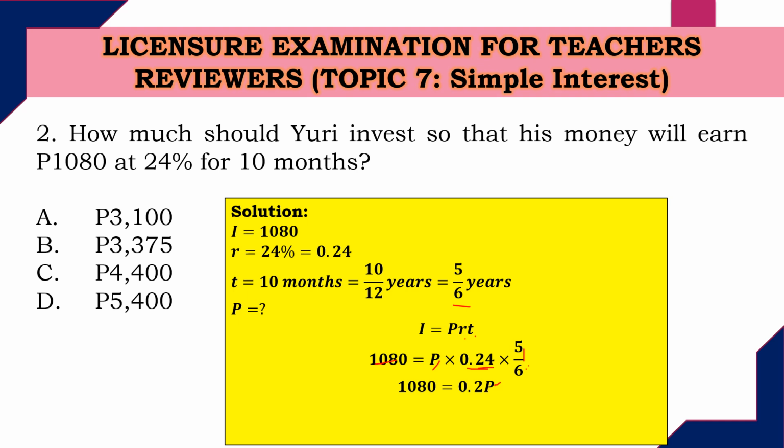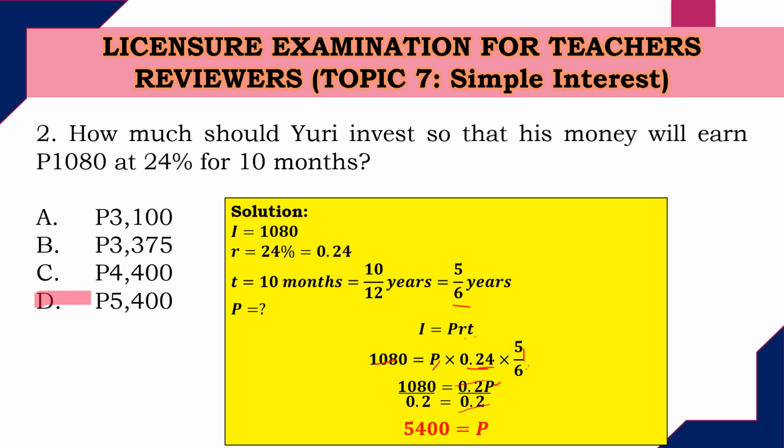And since the one we are looking for is P, we are going to divide both sides of the equation by 0.2. So 0.2P divided by 0.2, and then 1080 divided by 0.2, that is equal to 5,400 equals P, or P equals 5,400.